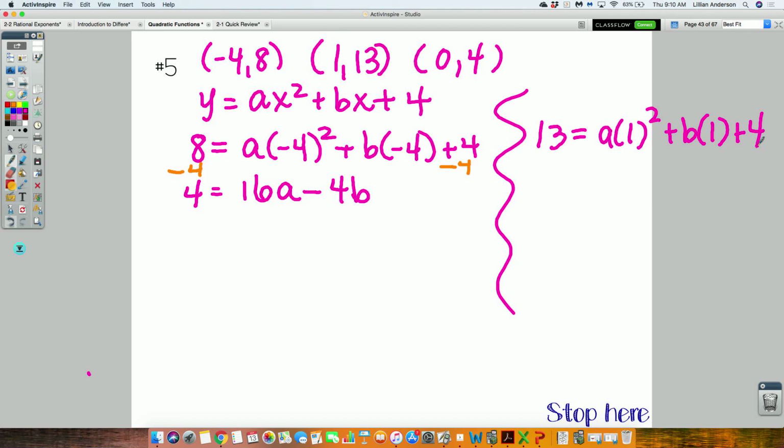When I simplify and subtract 4 to the other side, what's my other equation? 9 equals a plus b. So now we got a good old school system of equations.